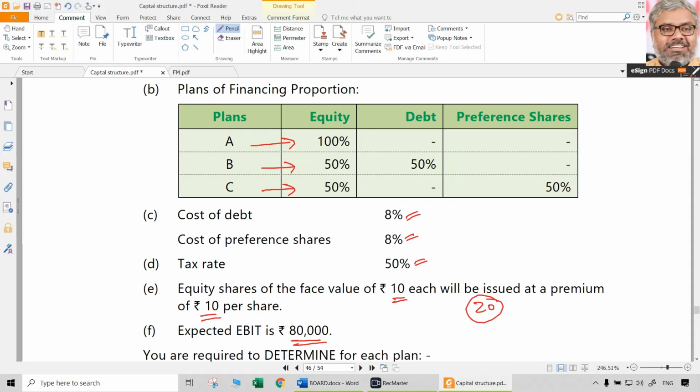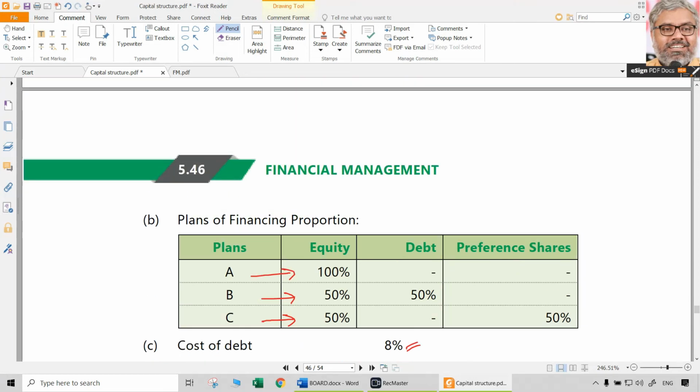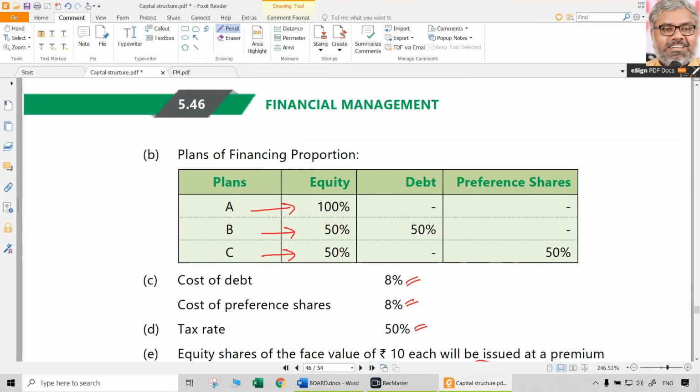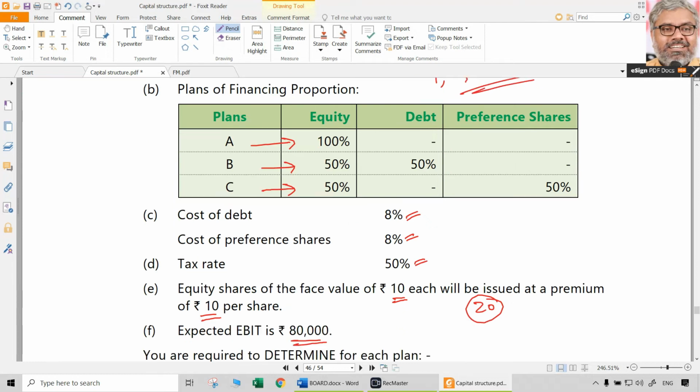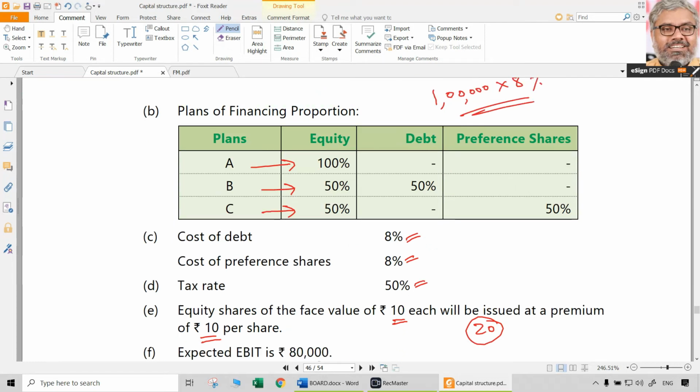Debt, in the sense, how much is supposed to be raised? 2 lakhs. That means in that 1 lakh will be raised as debt. On 1 lakh, rate of interest as it is given is 8%. Okay. So here interpretation wise it can be taken like this. Cost of debt is given, not rate of interest. Imagine if you interpret like cost of debt is after tax cost of debt, then you can take this as 16% also.